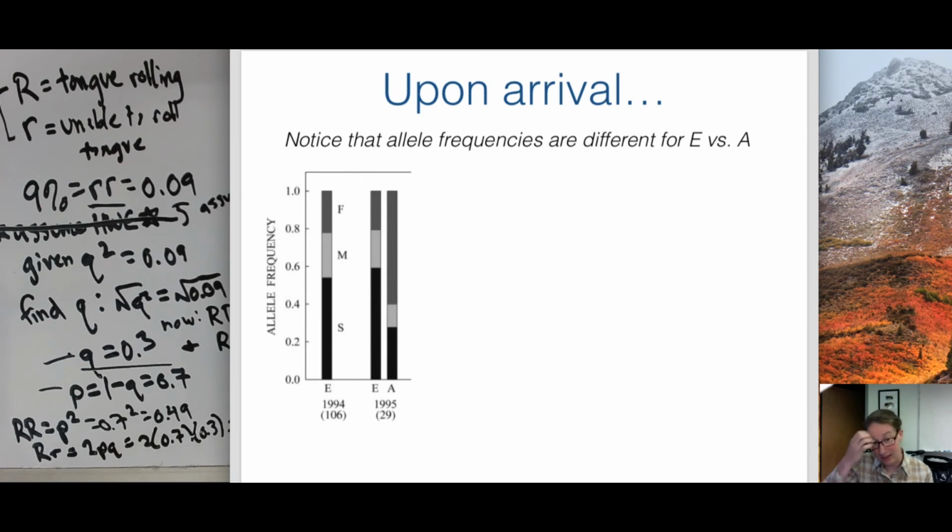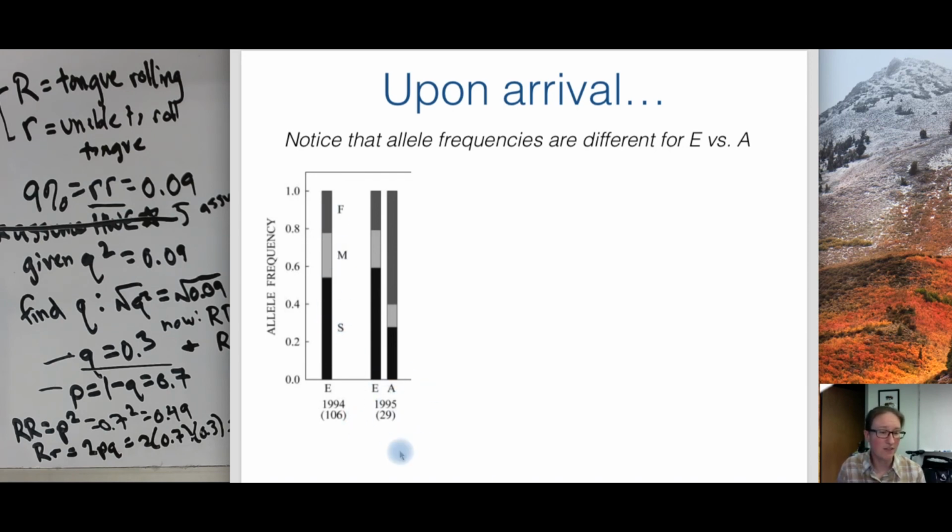So they went out and they collected bees right after they were first noticed in the southern US. And so here is genotyping of the bees in 1994 when they were all European. And so you can see the distribution of the fast, fast-slow, and slow genotypes.